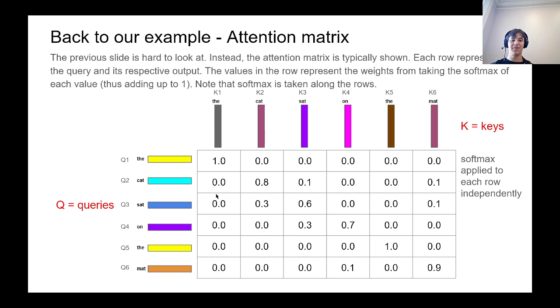So this column represents how am I going to weigh the value the. This column represents how am I going to weigh the value cat, that vector, for every output here. And this represents how am I going to weigh the vector sat for every input into my attention, which is also going to be the output. So yeah, that's what you can see here.